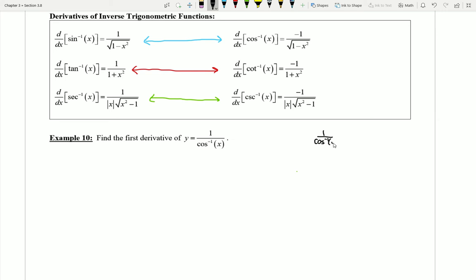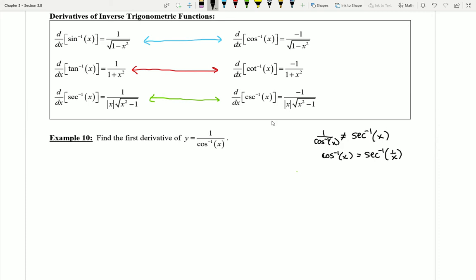Something like 1 over the inverse cosine of x is actually not the same as the inverse secant. I do not have reciprocal relationships here. It's actually the case that the inverse cosine of x is equal to the inverse secant of 1 over x. And so the change of the reciprocal actually happens on the inputs of these inverse trig functions.